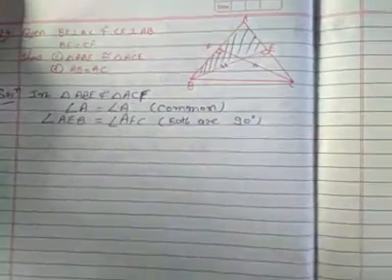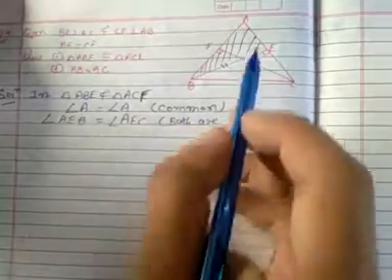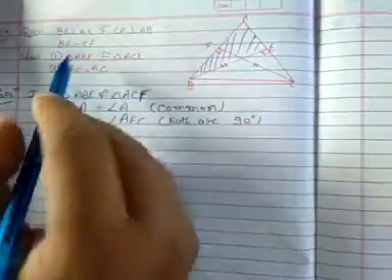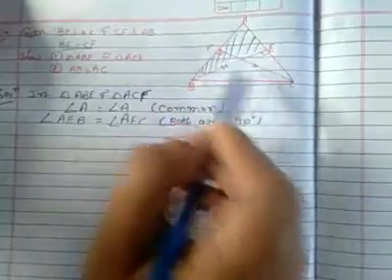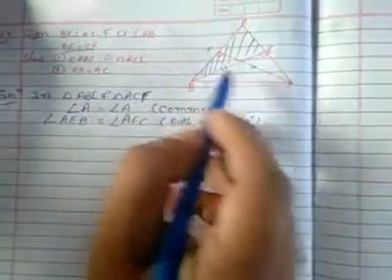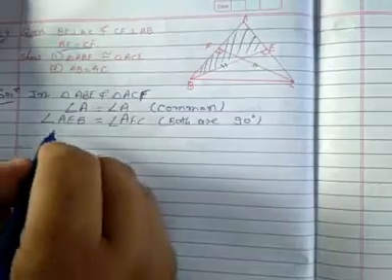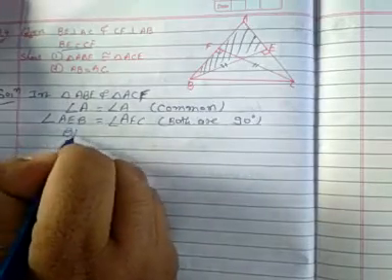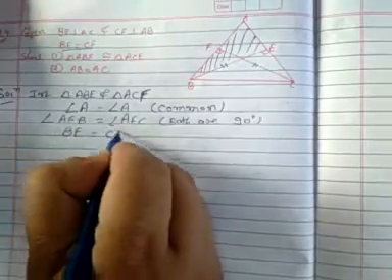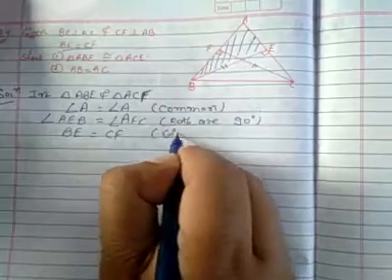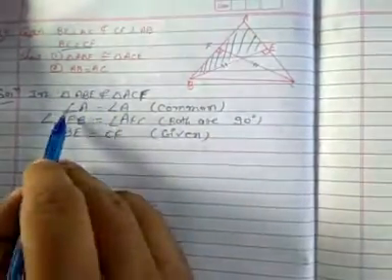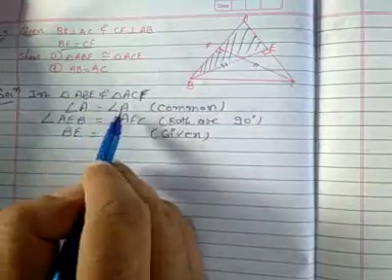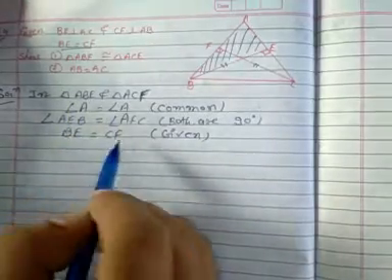Now third thing is, look at here. In this question we have been given BE is equal to CF, both altitudes are equal. That's why we can write BE is equal to CF from given. So we have angle, angle and side.